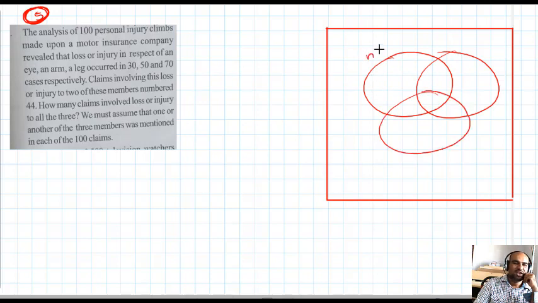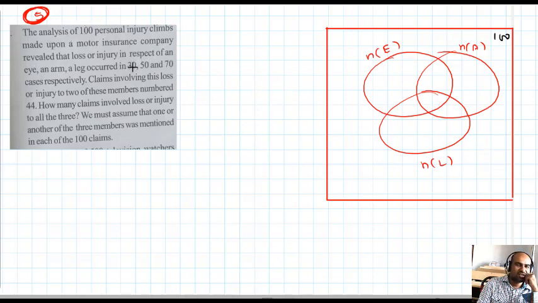N of E, N of A, N of L. Total 100 claims. What is the meaning of the last sentence? We must assume that one or other of the three members was mentioned in each of the claims. Outside the circles, no one is there.